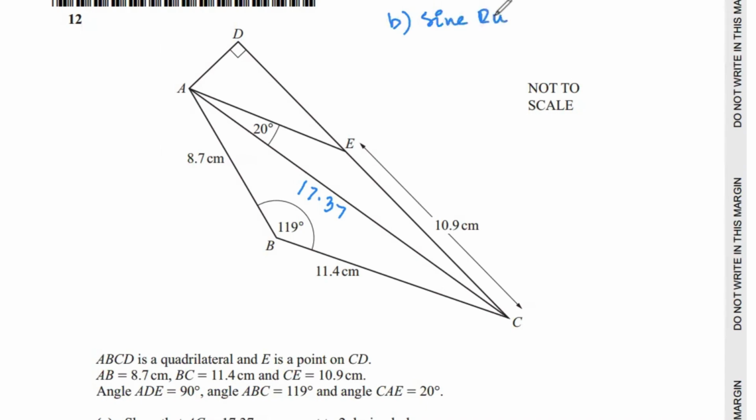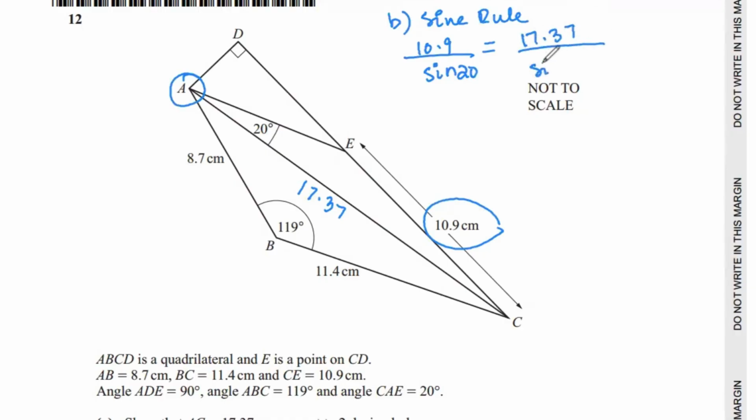Sine rule is applicable when you have one complete set of angle and length. So in this case, we have angle A, and the opposite length, 10.9. So this is one complete set. So 10.9 over sine of 20 is equal to 17.37 over sine of angle AEC, because that's the opposite angle for this.